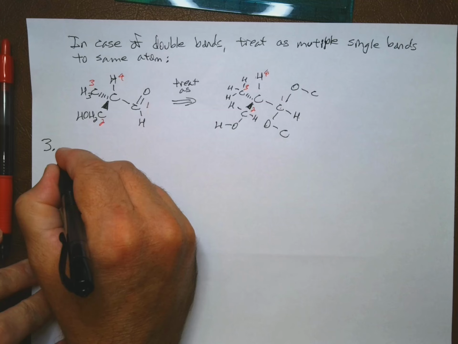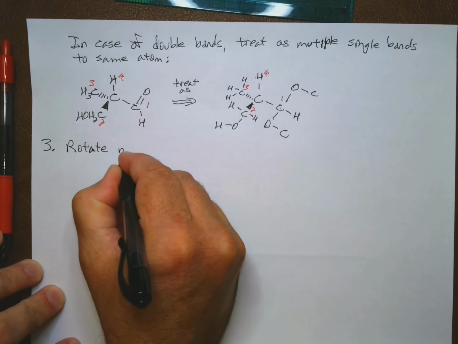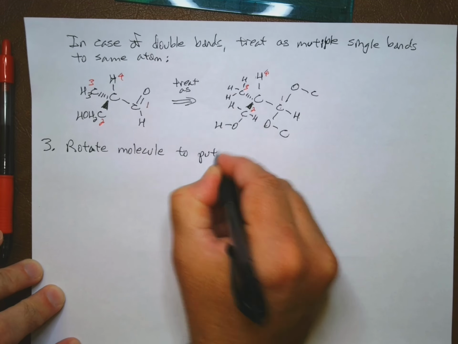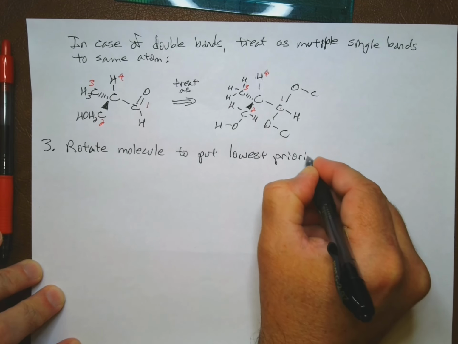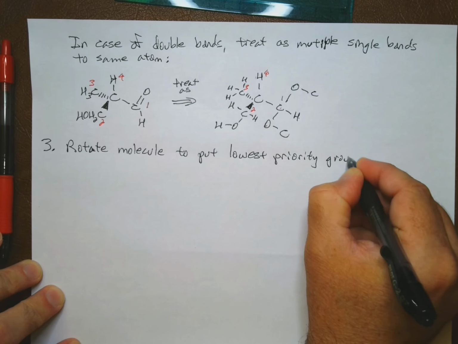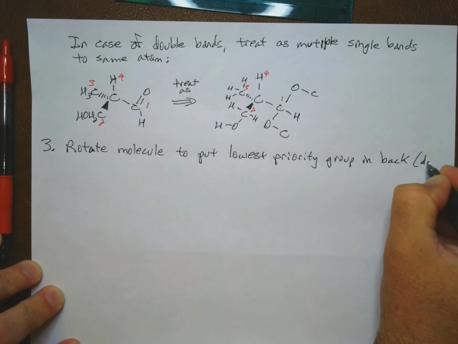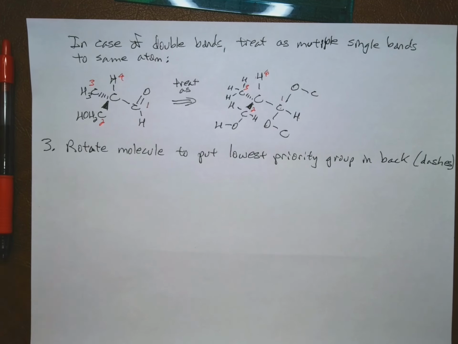So let's say rotate molecule to put lowest priority group in back. So that will be dashes.